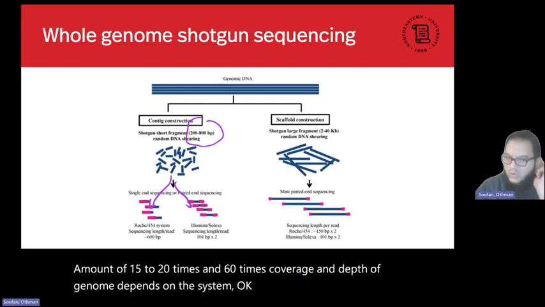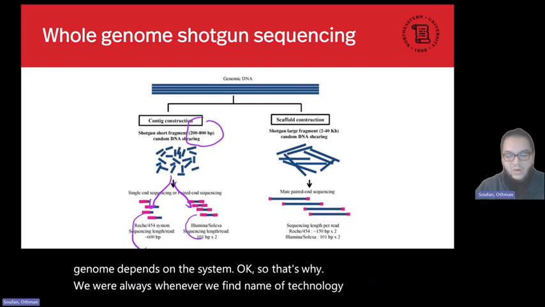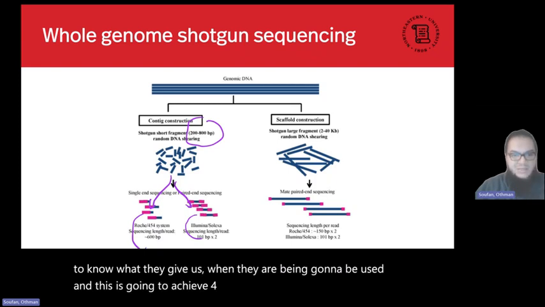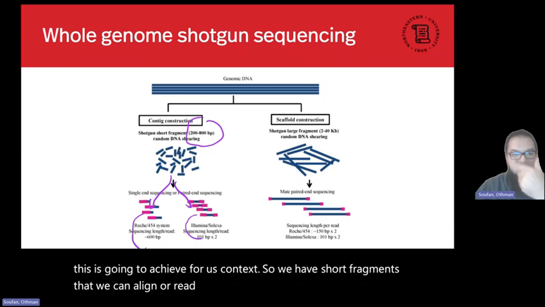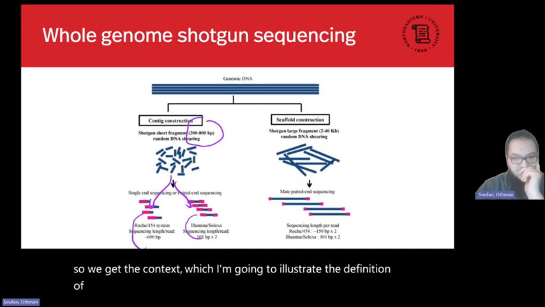So whenever we find the name of a technology, we need to know what it gives us and when it is used, and this achieves the context for us. We have short fragments that we can read and align, so we can assemble and get the context, which I'm going to define shortly.